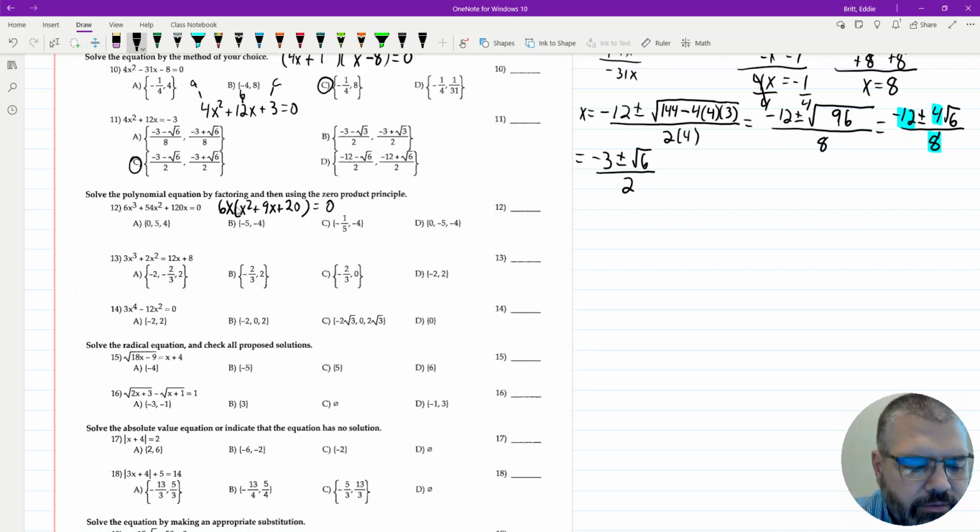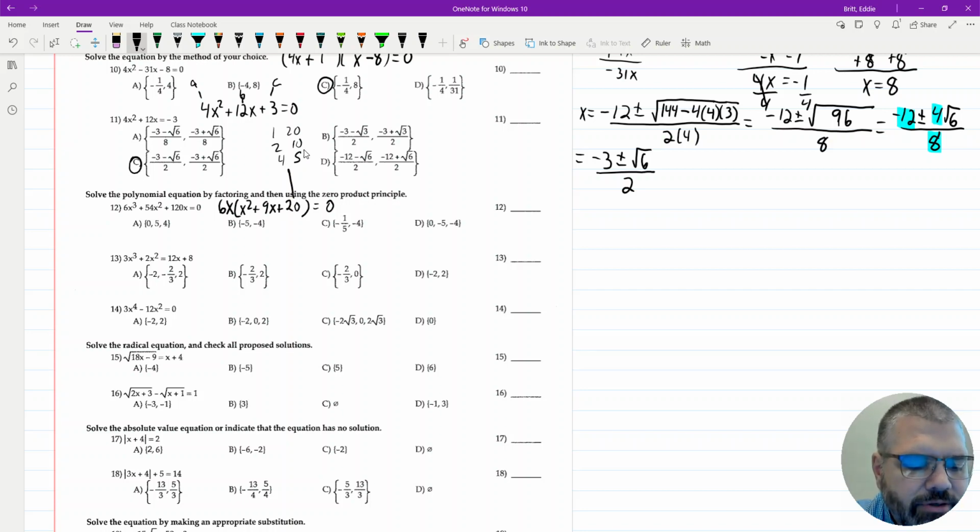All right, so I need to split up 20. So that would be 1 and 20, 2 and 10, 4 and 5. So since this is a type 1, the way that I want things to work out, I want to multiply the two numbers together and get a positive 20.